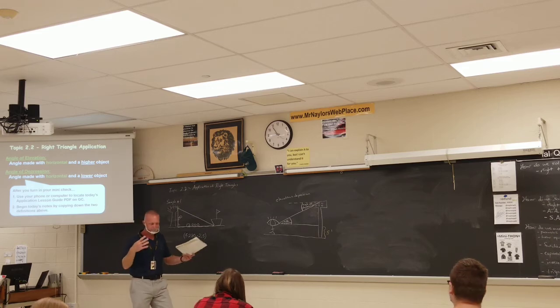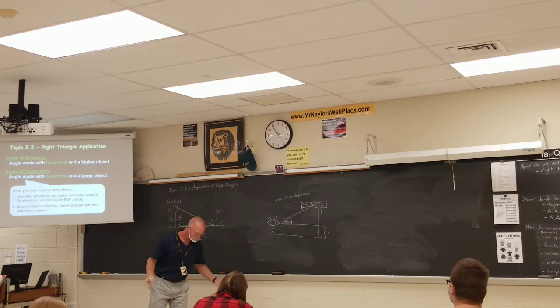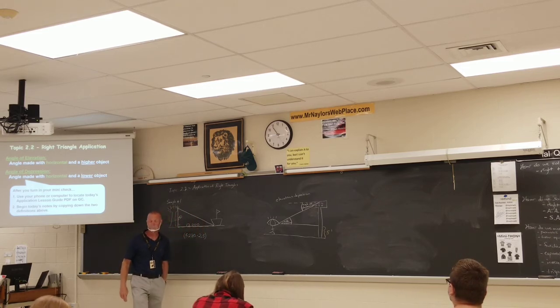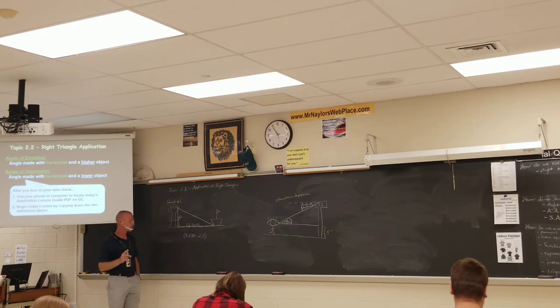Now, all those things, I would hope that you're going to get comfortable with real fast, drawing in right triangles. The reason we're going over this problem is because the hard part is sometimes figuring out what we're trying to find. We're trying to find an angle of depression. Remember, an angle of depression is always made with a horizontal.